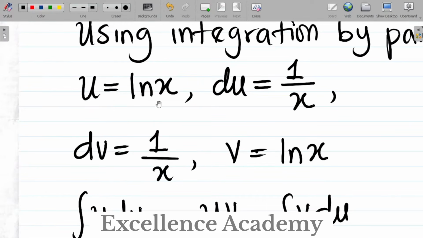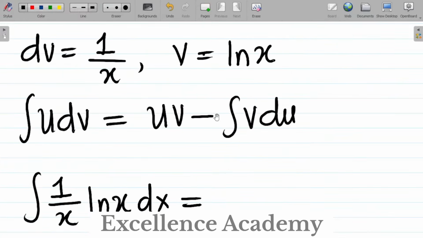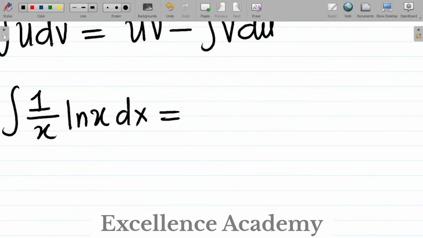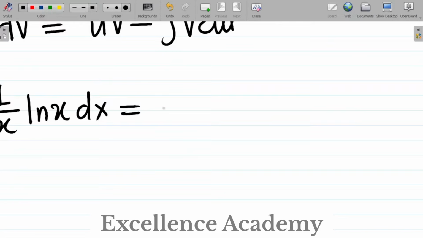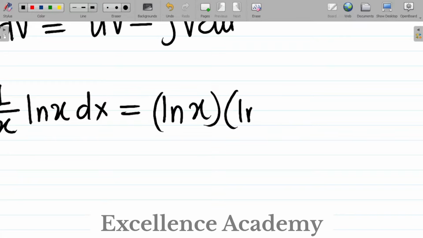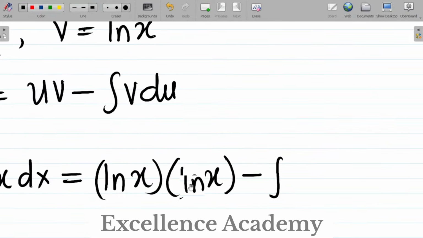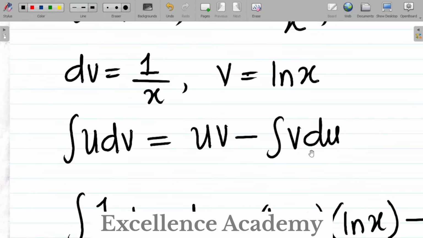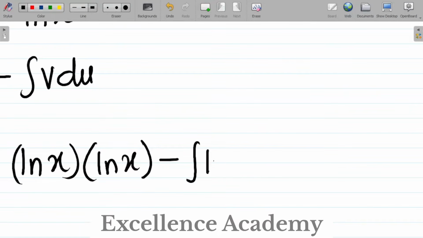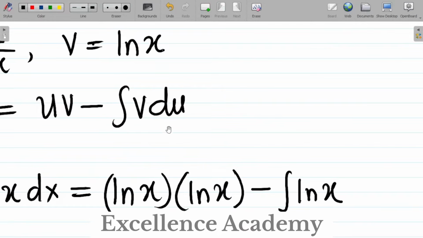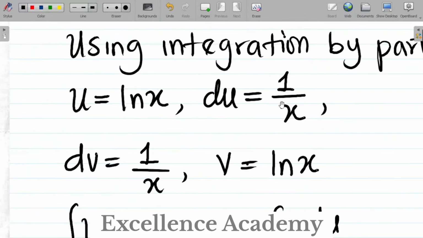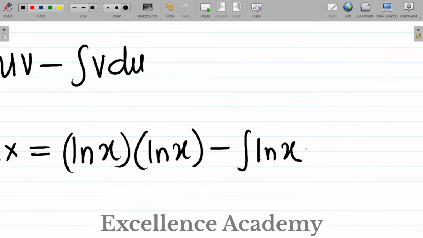What's u? u is ln x. What's v? v is ln x. So uv is ln x times ln x, minus the integral of v du. What's v? v is ln x. What's the value of du? du is 1 over x. So ln x dot 1 all over x.